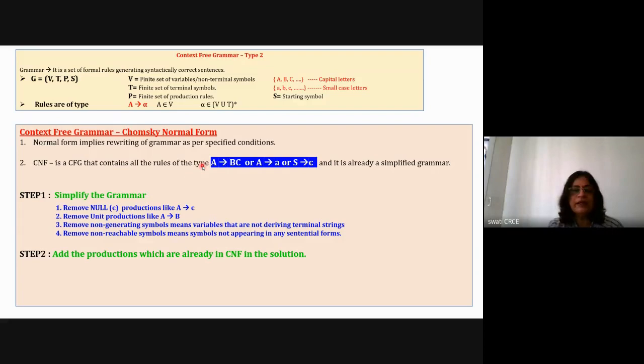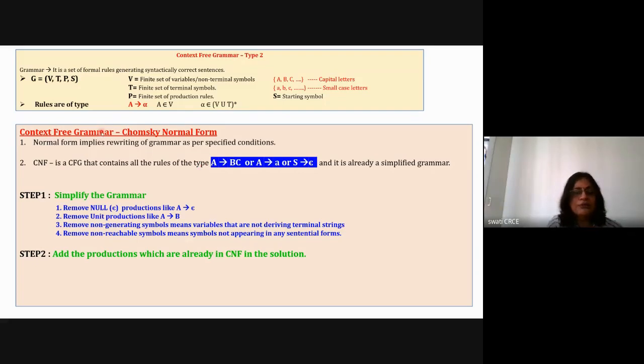So today's lecture is very easy. It's just mathematics and the general intelligence that you have to apply to convert the grammar into Chomsky normal form. But in Greibach, you need to follow certain steps. So tomorrow's lecture is the most difficult topic of this particular chapter.